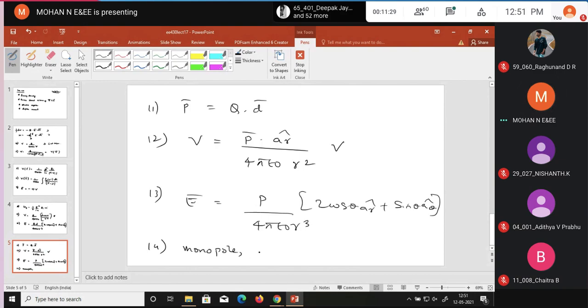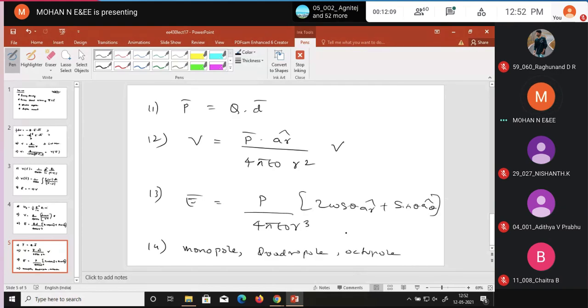We also discussed monopole, quadrupole, and also octopole. Monopole is nothing but a single point charge, where the potential varies inversely as r and the field varies inversely as r square. In case of a dipole, the potential varies inversely as r square and the field varies inversely as r cube.